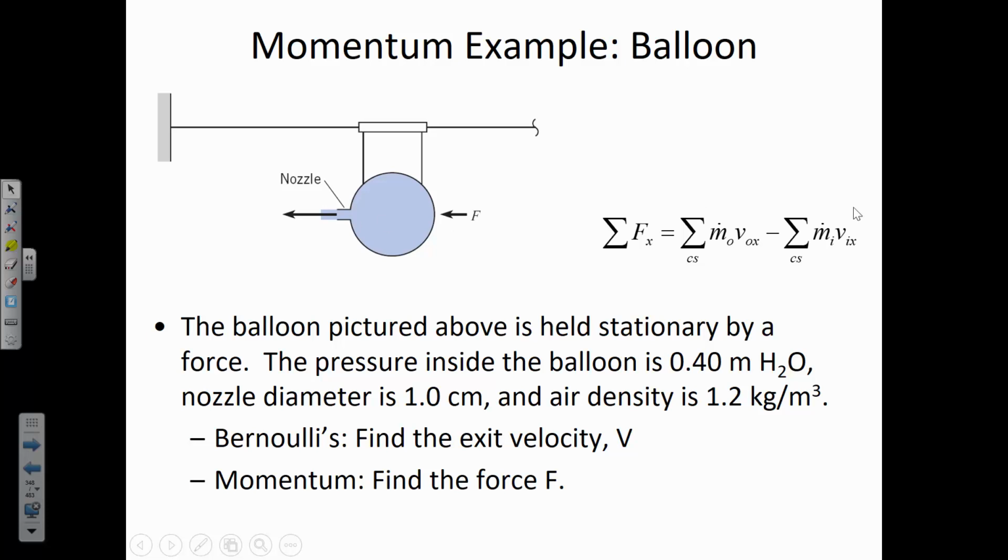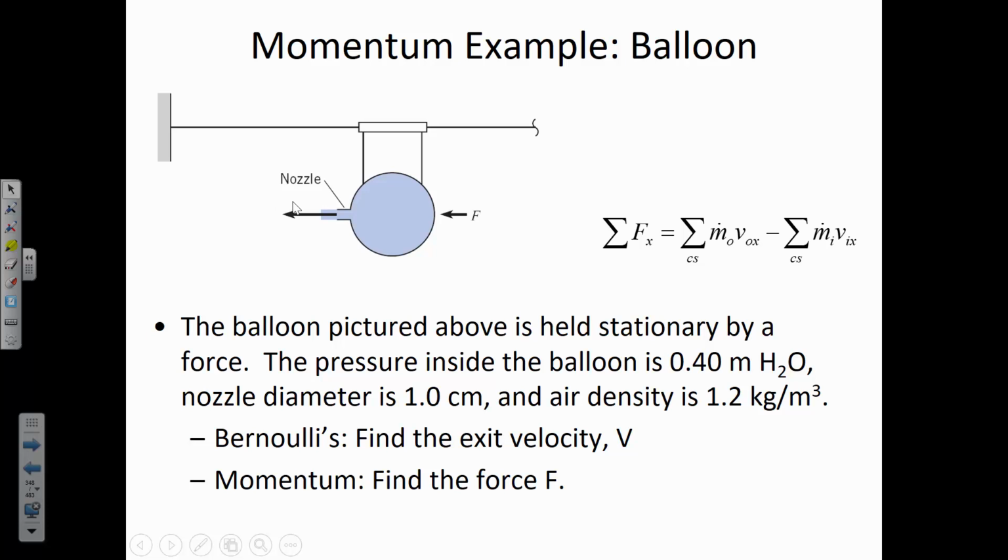Now we just have this going in the x direction, so we don't have any y momentum that we have to keep track of here, just x. So the momentum equation in the x direction is provided there, and this is a simple case because there's only mass flow out. There isn't any mass flow in from this system.